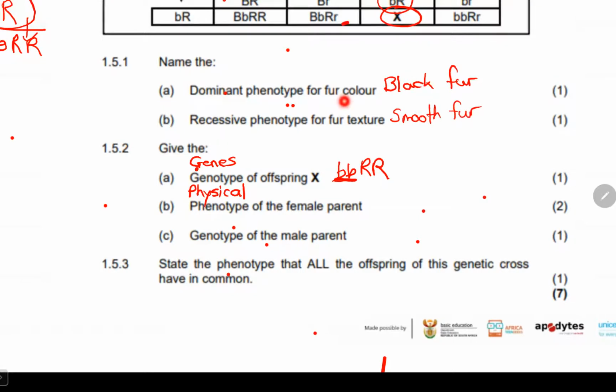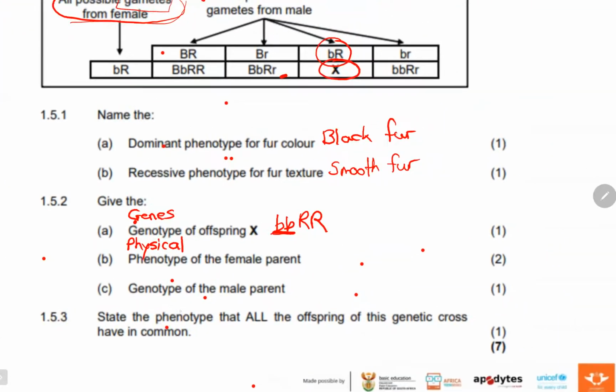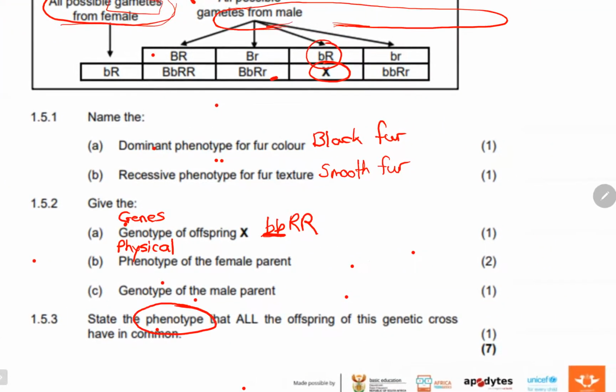So this is all of our offspring at the top here. And they want you to show the phenotype, so only the physical appearance. So what is this first offspring showing that we can see here? It is showing big B, small b.